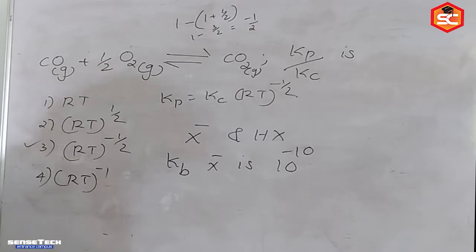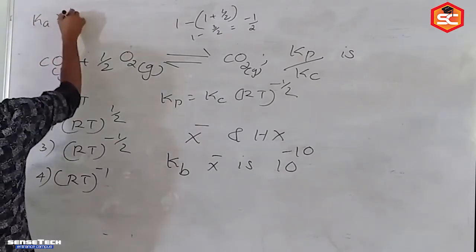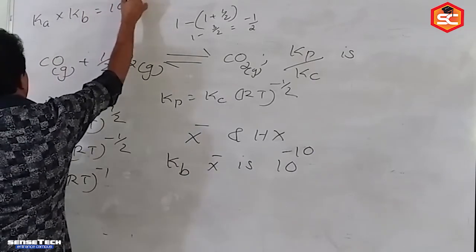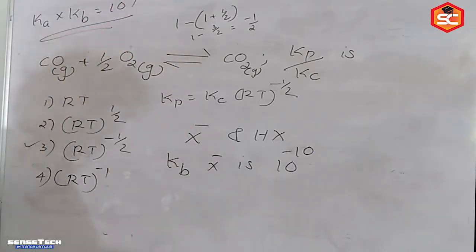How to calculate the pH of the buffer solution? pH is equal to minus log Ka plus log concentration of salt by acid. Ka is not given. What is Ka into Kb? Ka into Kb is equal to 10 to the power minus 14. So from that you will be getting the value of Ka, 10 to the power minus 4.